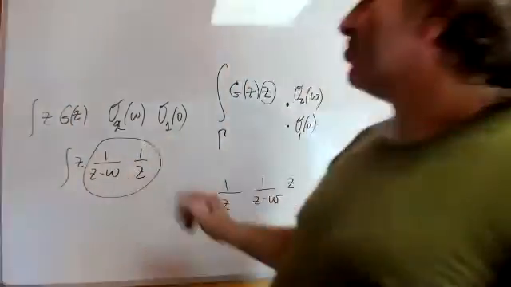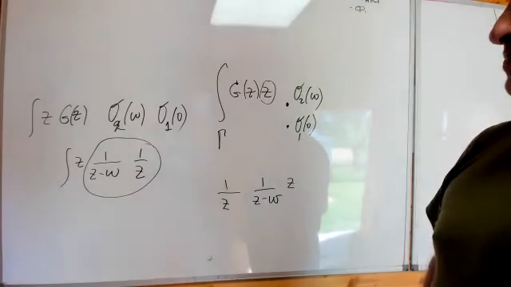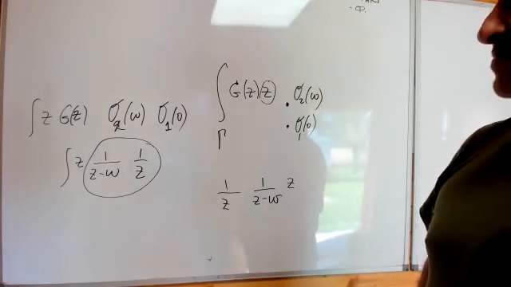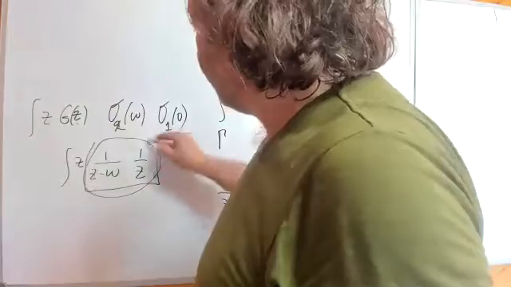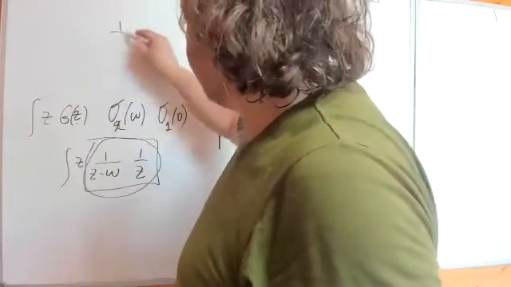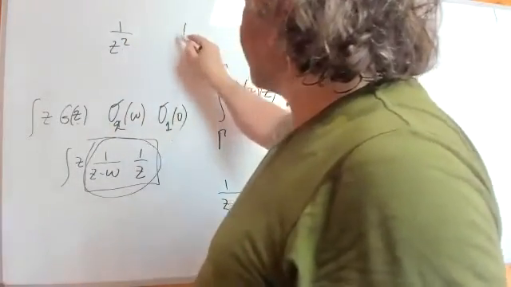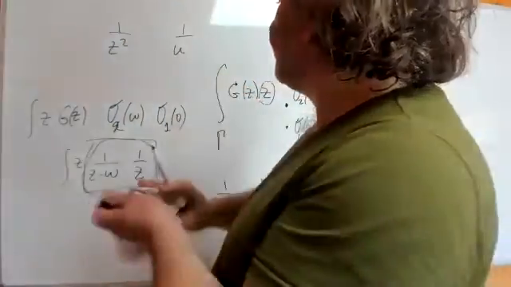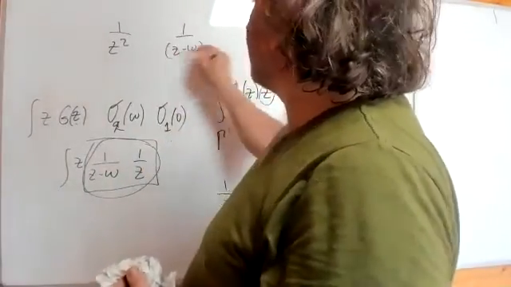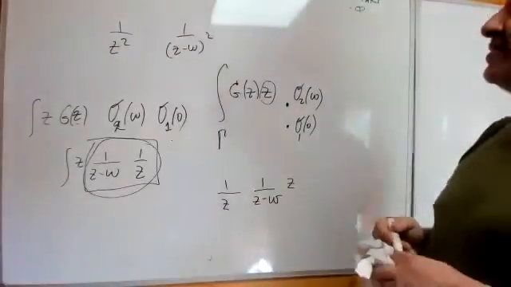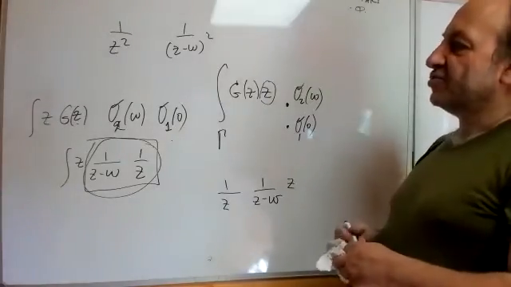So this term also contributes. So here I can have this term, I can have a term like this, and I can have a term like Z minus W squared. So the claim is that all three terms contribute.